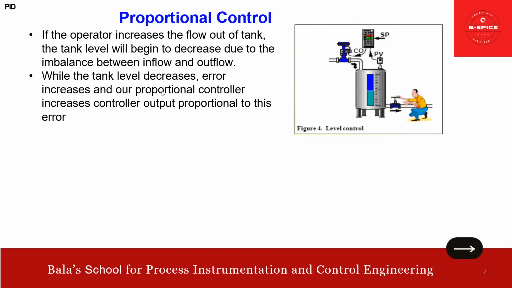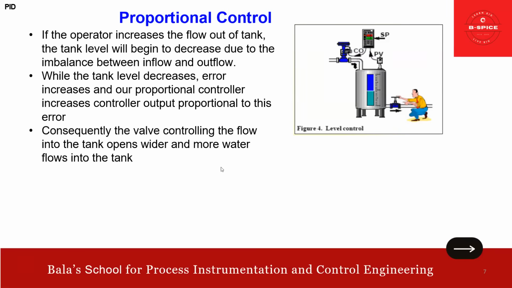So when the level decreases, the error increases, and our proportional controller increases the controller output proportional to this error. So that is the problem. Consequently, the valve controlling the flow into the tank opens wider, and more water flows into the tank, right?